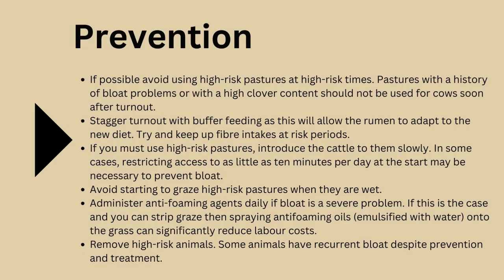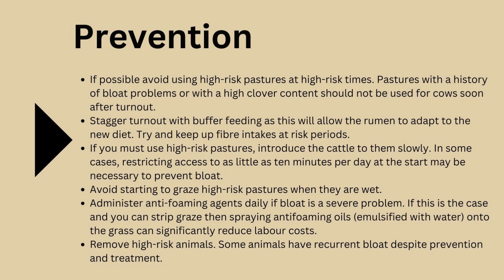Prevention. If possible, avoid using high-risk pastures at high-risk times. Pastures with a history of bloat problems or with a high clover content should not be used for cows soon after turnout. Stagger turnout with buffer feeding, as this will allow the rumen to adapt to the new diet.